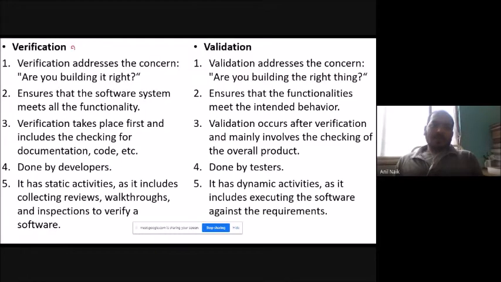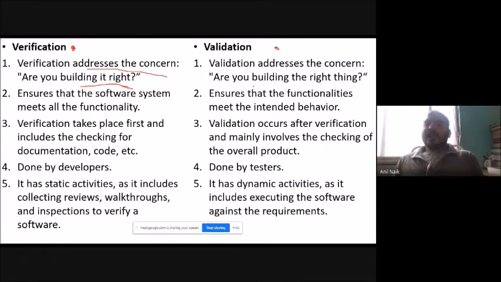So what actually are verification and validation? Verification addresses the concern: are you building it right? Right means are you building the features that you considered? Right way, right path?